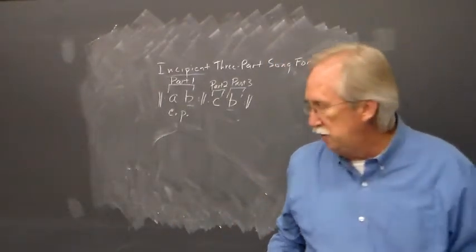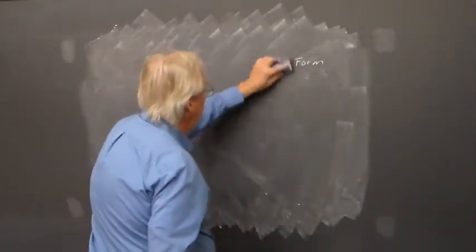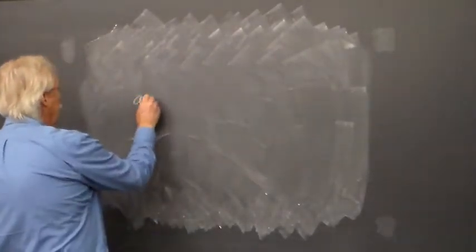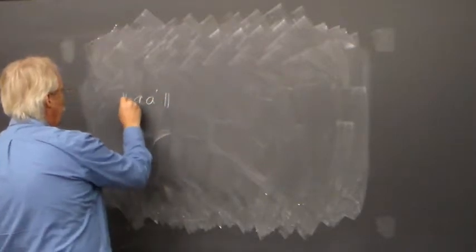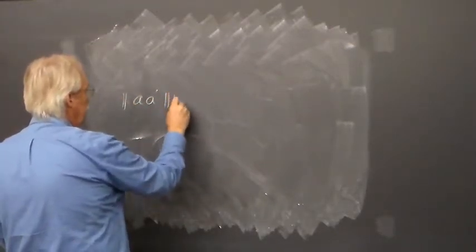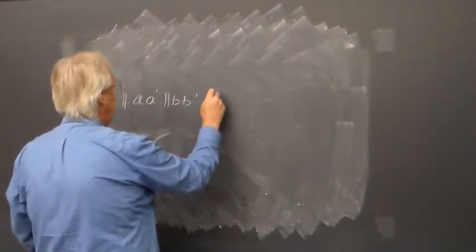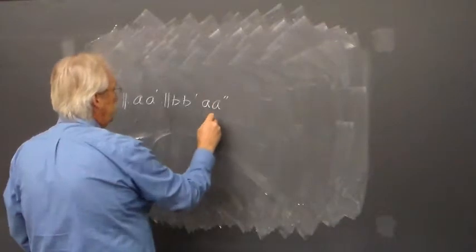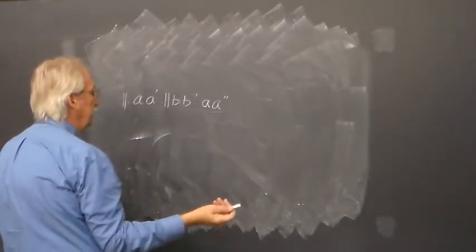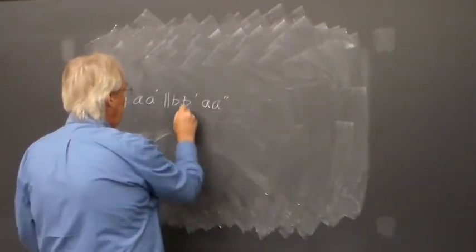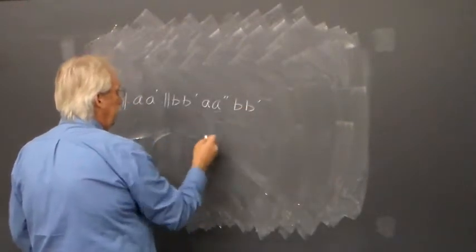And so if you have this situation, let's say you have a part 1, let's say that that's repeated, and then you have a part 2, and then you have a part 3 that brings back the opening. And let's say this cadence is on a half cadence, this cadence is authentic cadence, and then this is written out, and it's very similar.